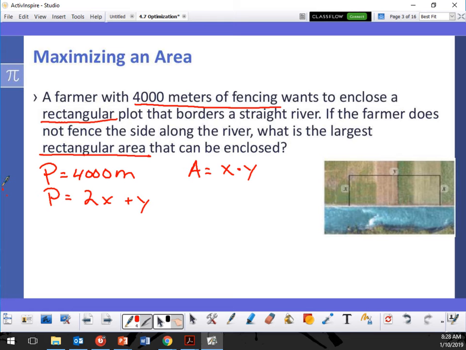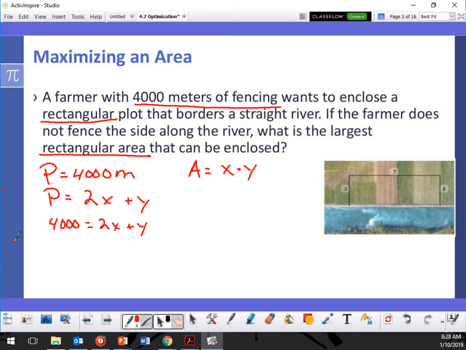So now I have some values that I was given from the perimeter that I'm going to use for this. So I know that P is 4,000, so this is going to be 4,000 equals 2x plus y.